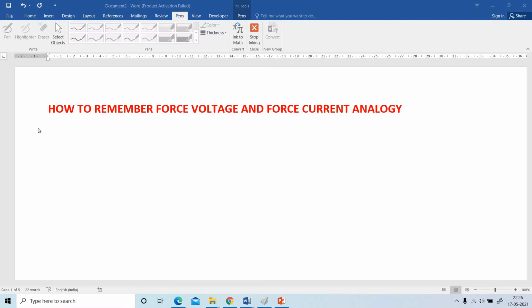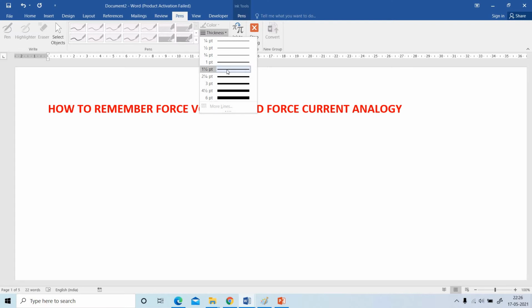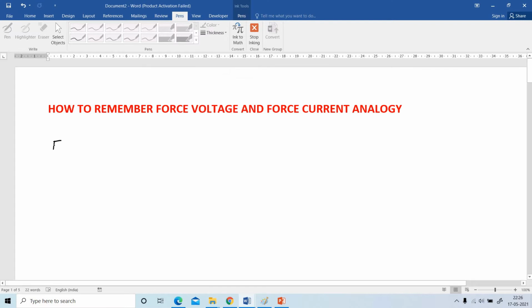For force voltage analogy of the mechanical translational and rotational system, take the series RLC circuit.